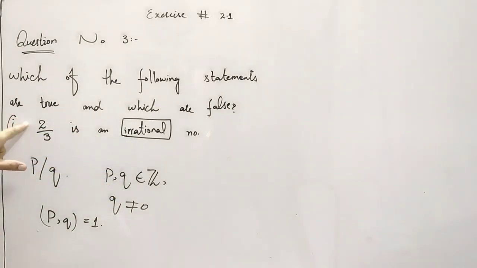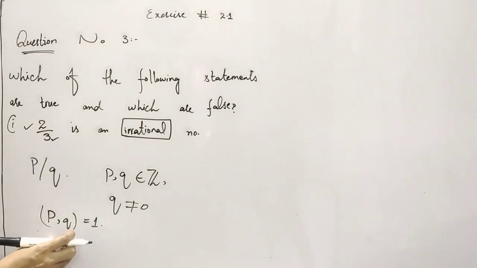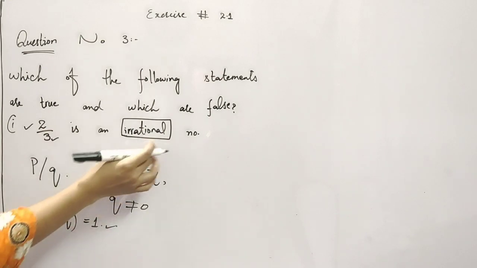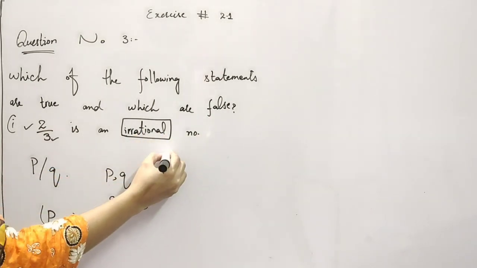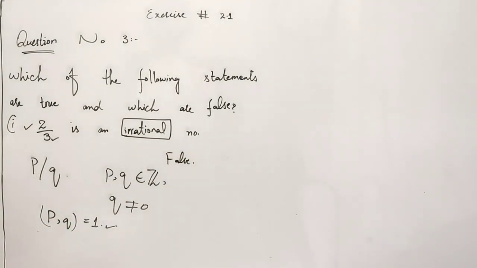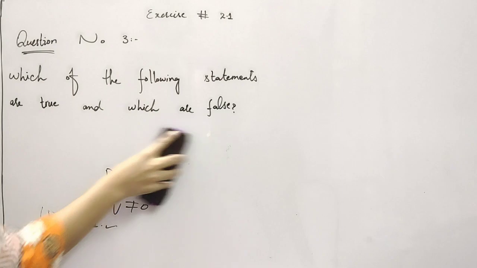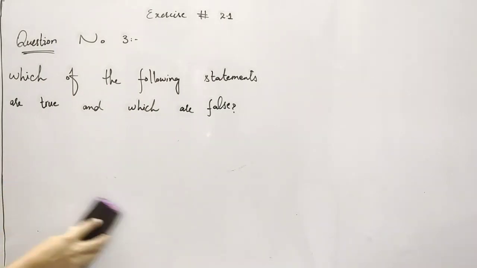So this is not an irrational number because this holds all the conditions. 2 by 3, p and q belong to Z, it is true, and q is not equal to 0, it is also true, and p and q are relatively prime, this condition is also true, so the statement is false. So the first statement is false because this is not an irrational number, this is a rational number, because they satisfy all the conditions for a rational number.